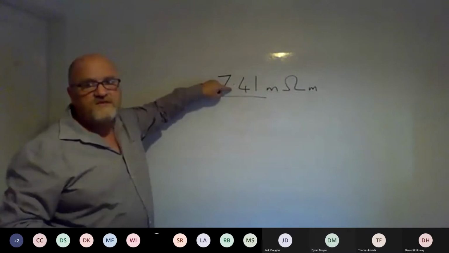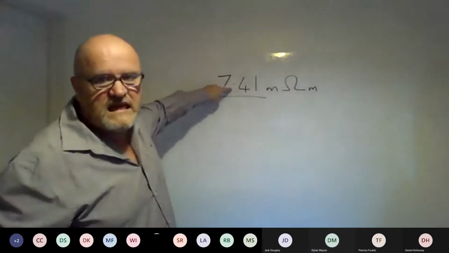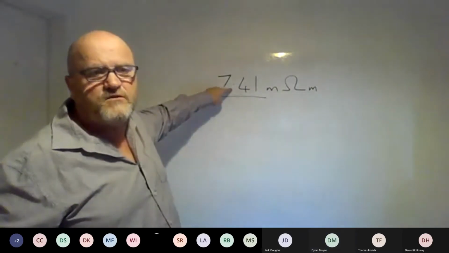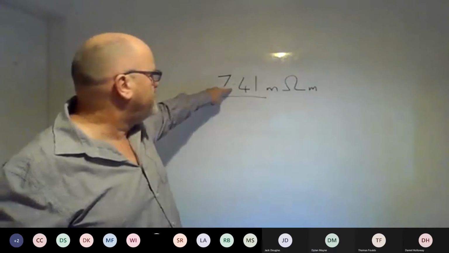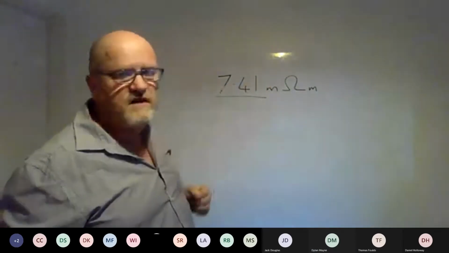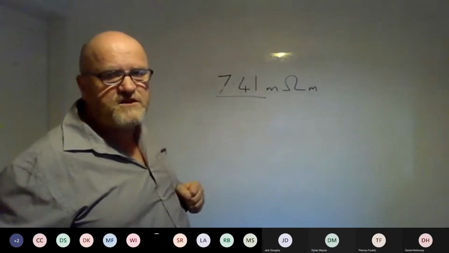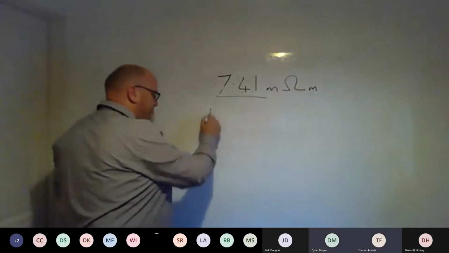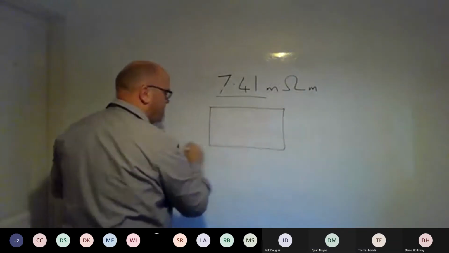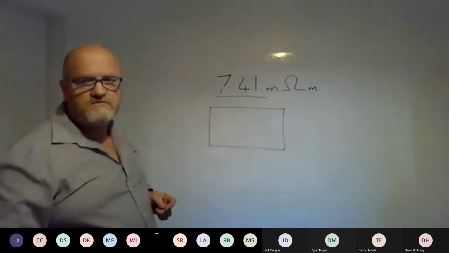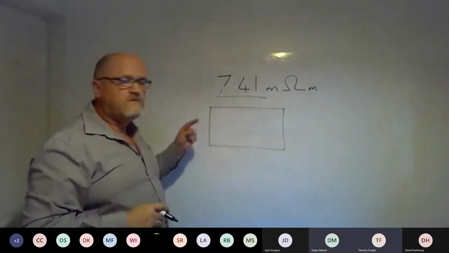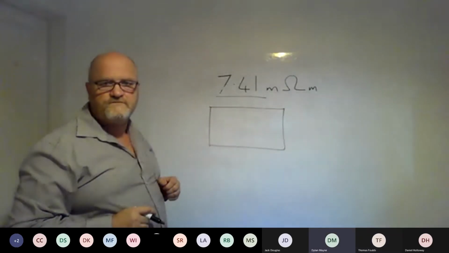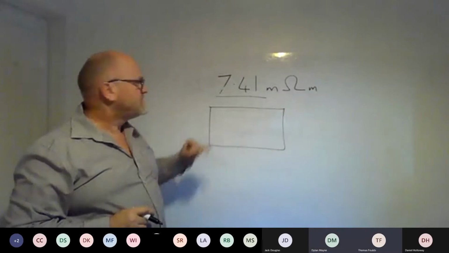If I've got 100 meters of 2.5 mil cable, and it's 7.41 milliohms per meter, what would 100 meters be? If I'm using a low ohm reading meter on a 100 meter roll of cable, 2.5, what would 100 meters be using that number?